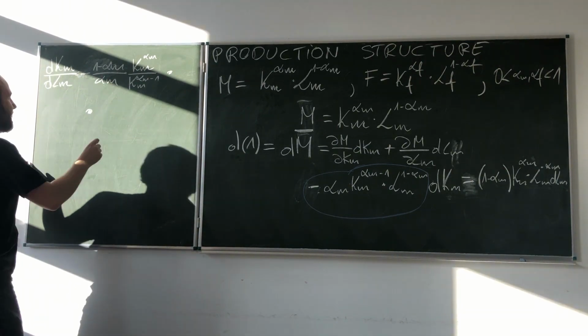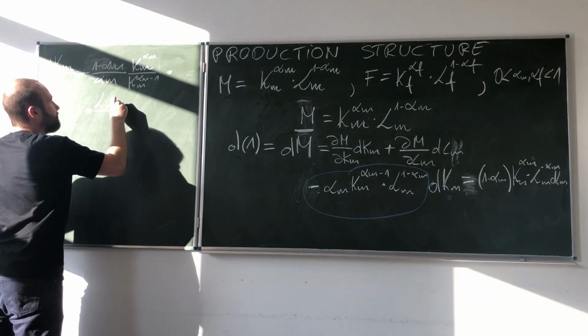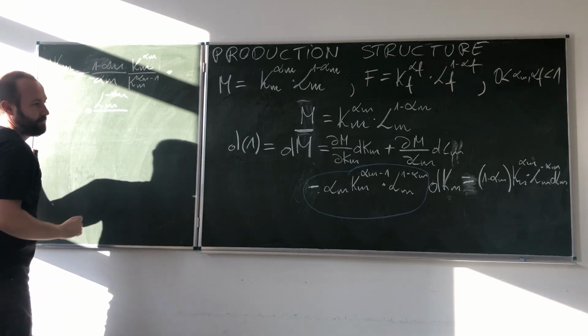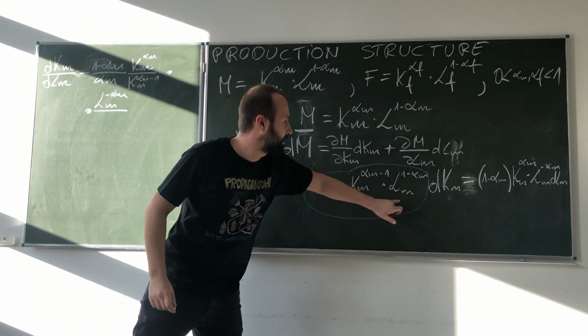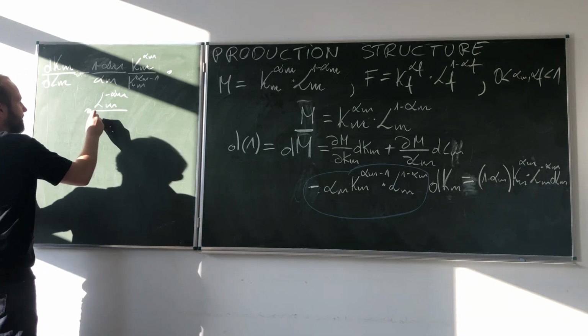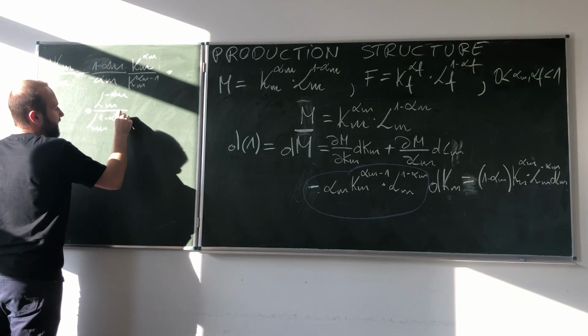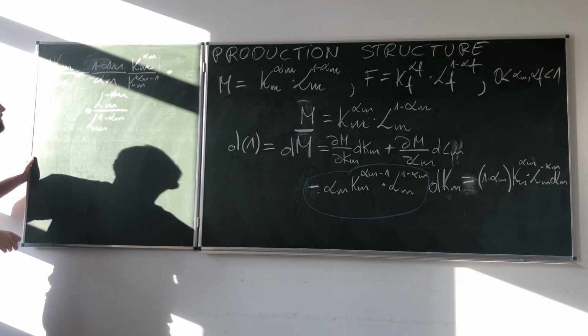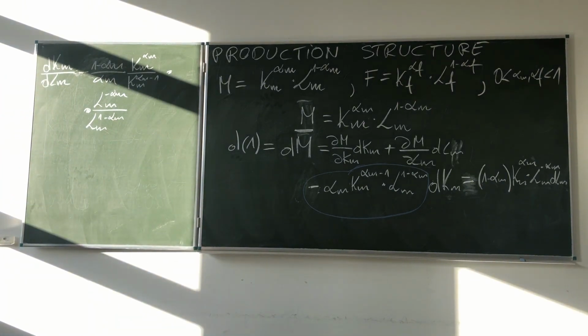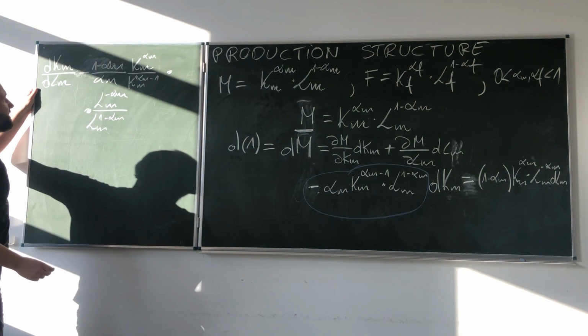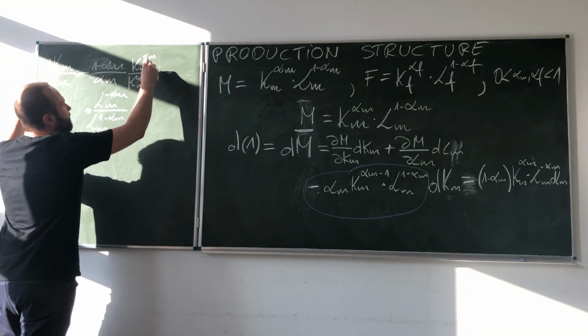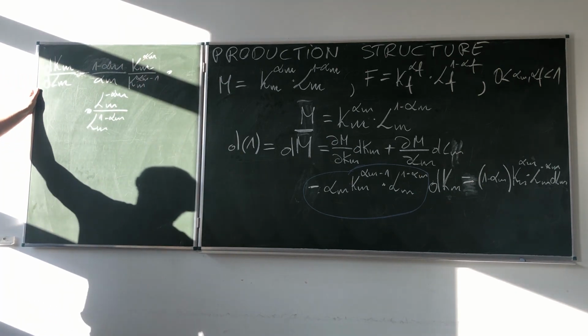Then we've got lm to the power minus alpha m, and now we are dividing it by this expression, lm to the power 1 minus alpha m. And of course, this is it. Now look, we can simplify this expression greatly with relative ease, because those two cancel each other out.